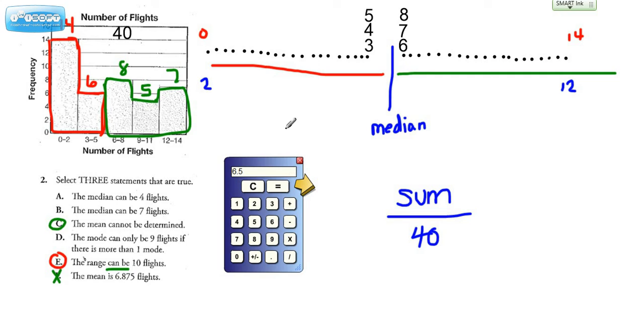Now, when we do have 40 values, that means that we would have to take that highest number that we have in this bucket and the number that we could potentially have in this bucket, and we'd have to take those two numbers and add them up. So I just put what the hypothetical values could be. Because remember, all 6 of these values, they might all be 3s. And keep in mind, in this bucket, all 8 values could be all 6s.